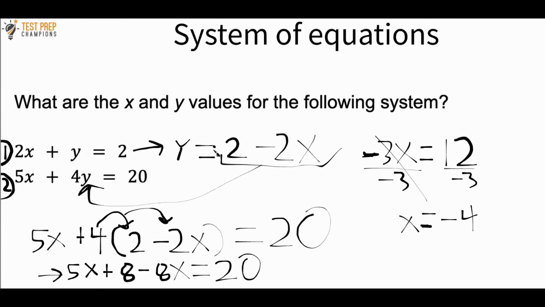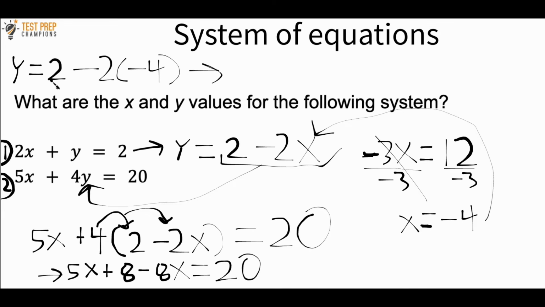So now I'm going to come back up here to this equation, y equals 2 minus 2x, and take the negative 4 and plug it in here for x. Let me do that up here where I have more room. So again, I take the equation that I solved for y, and I plug negative 4 in for x. So I'd rewrite this as 2 minus 2 times negative 4.